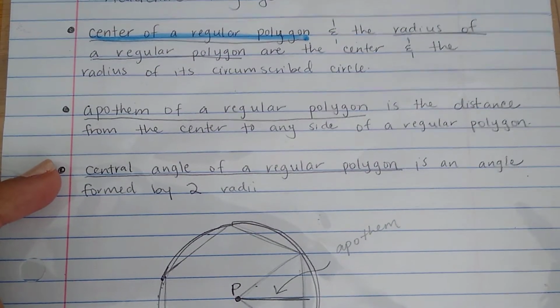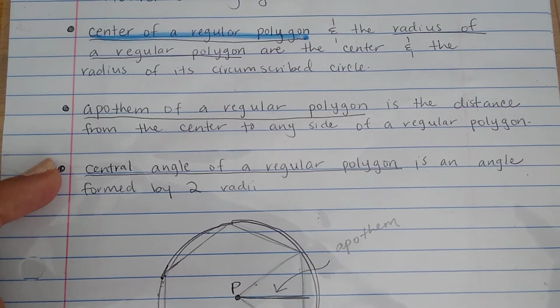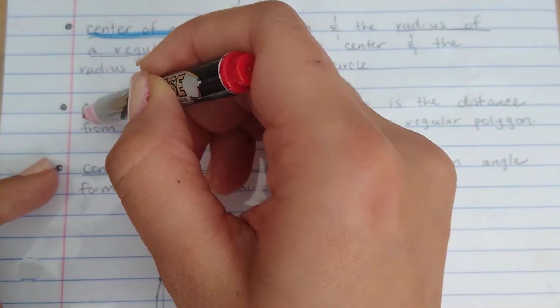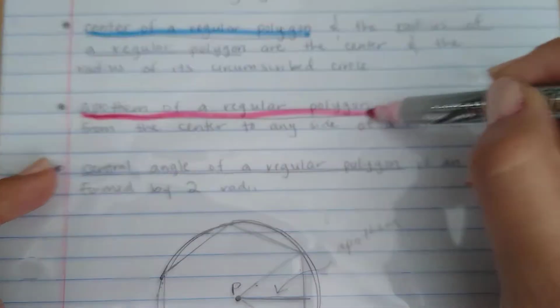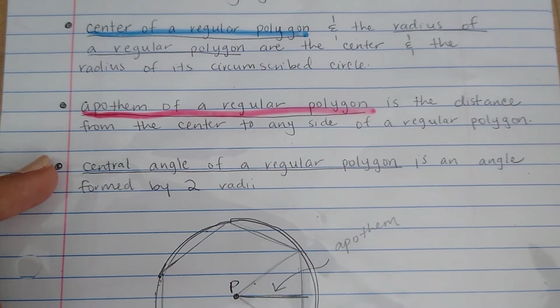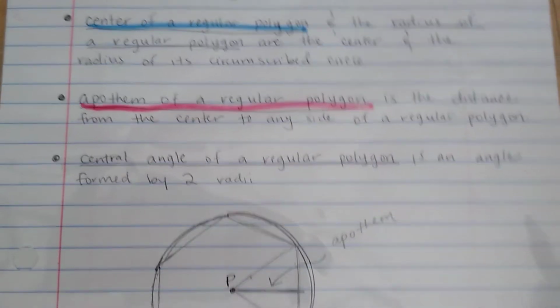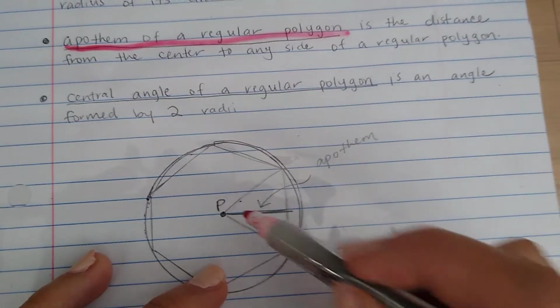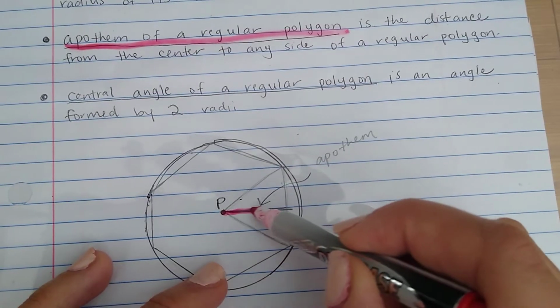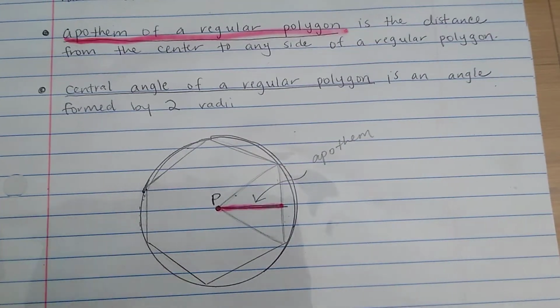And the apothem of a regular polygon is the distance from the center to any side of a regular polygon. So I'm going to go ahead and move on to this picture here. From here to here is what we call the apothem.